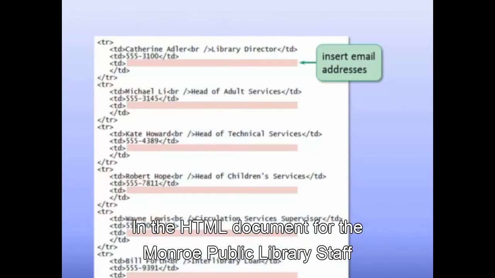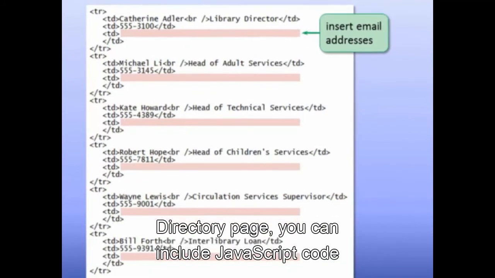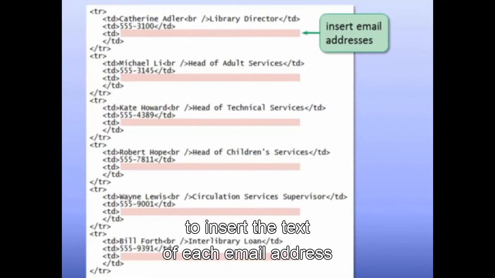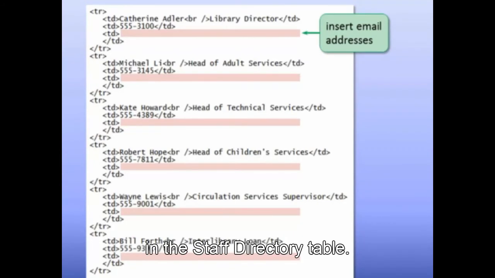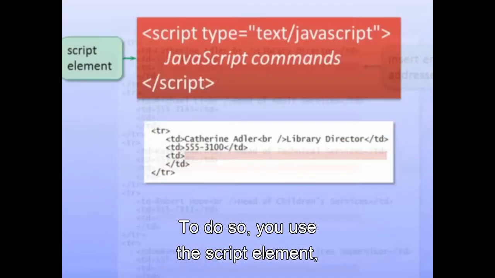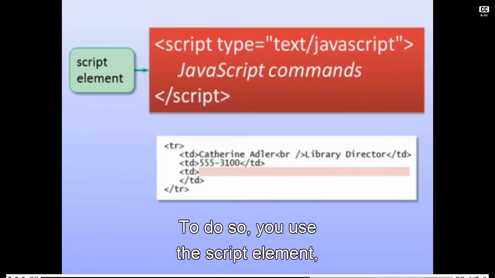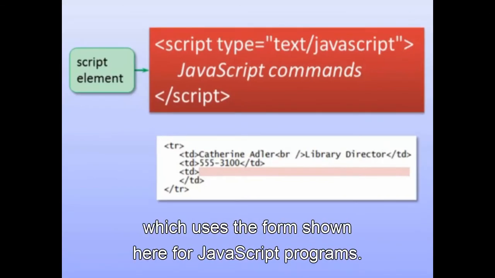In the HTML document for the Monroe Public Library staff directory page, you can include JavaScript code to insert the text of each email address in the staff directory table. To do so, you use the script element, which uses the form shown here for JavaScript programs.